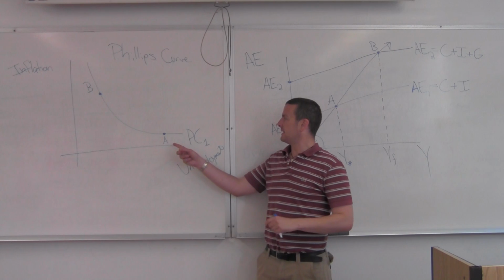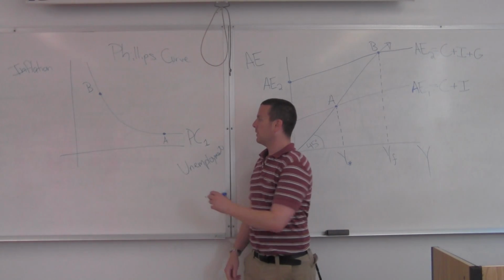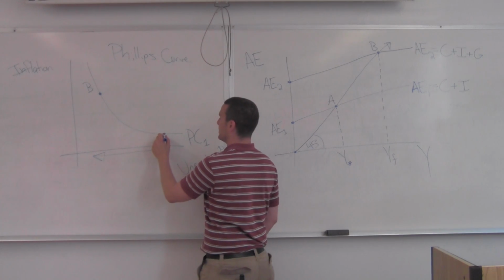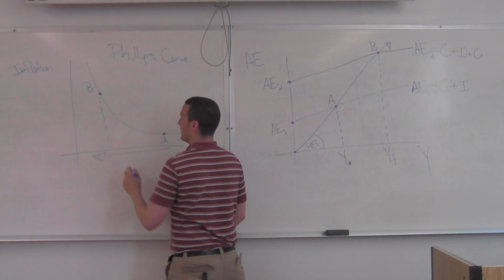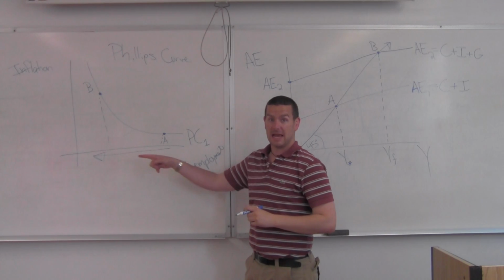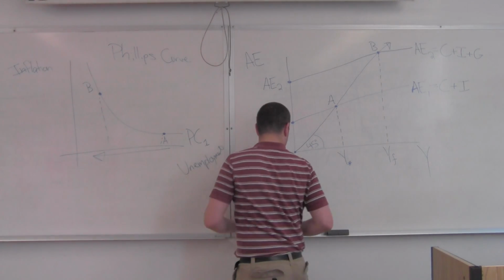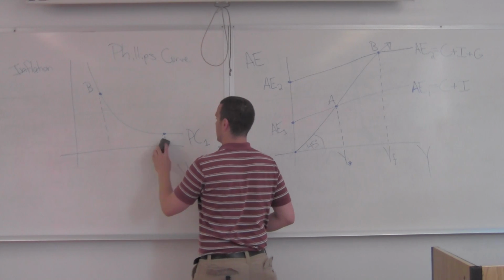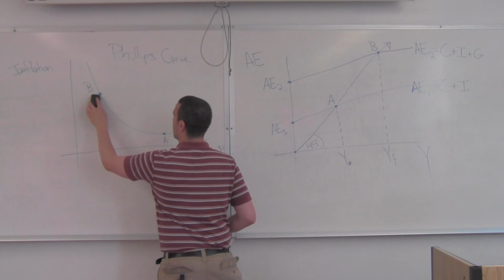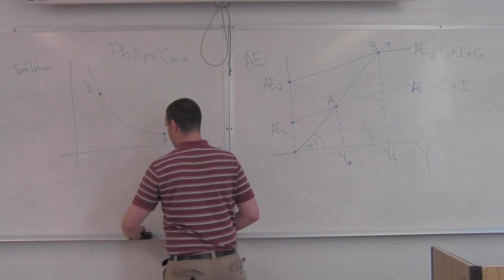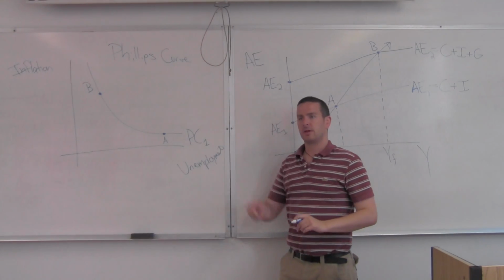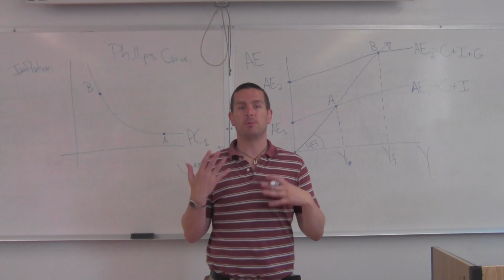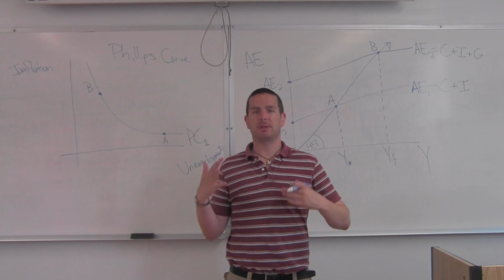So, A to B, that has caused unemployment to go way down. But it also will cause prices to go up. At least that's what people believed. Why did they believe that?